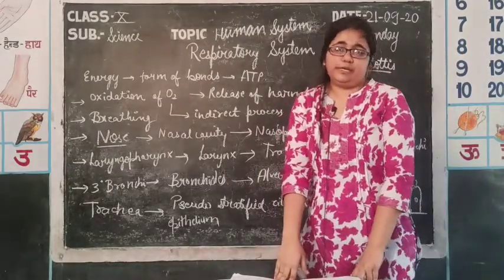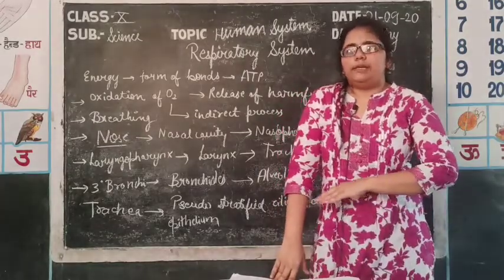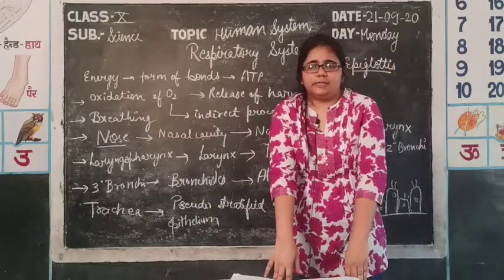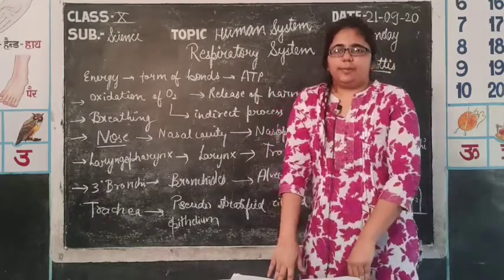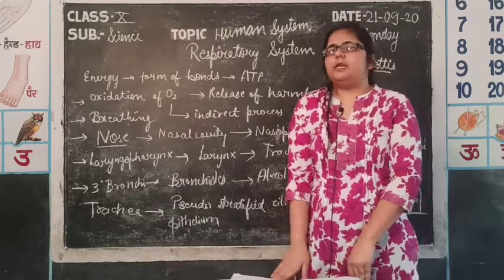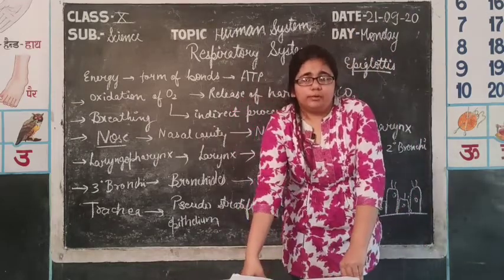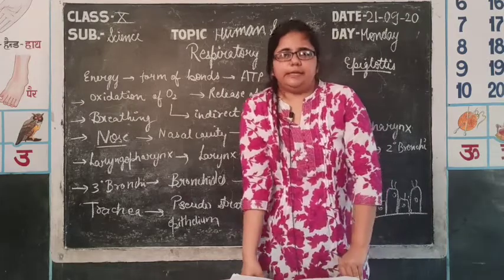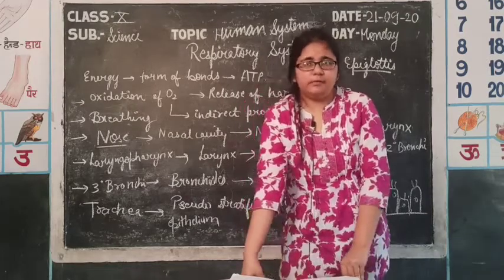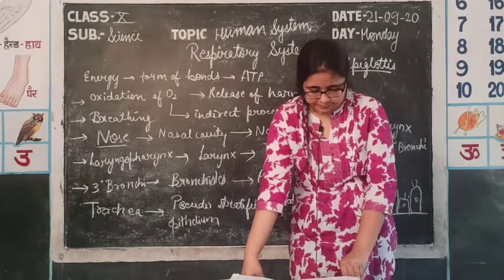And when it is vertical, that is, when it does not cover the opening of the larynx, then air goes to the windpipe. At that time, we cannot swallow the food. So, we cannot swallow food while taking in air. We can do only one function at a particular time.